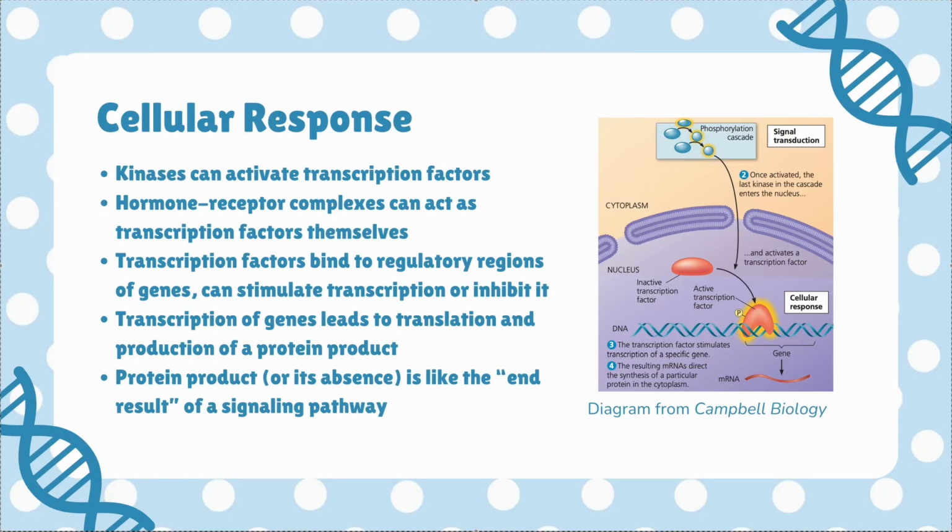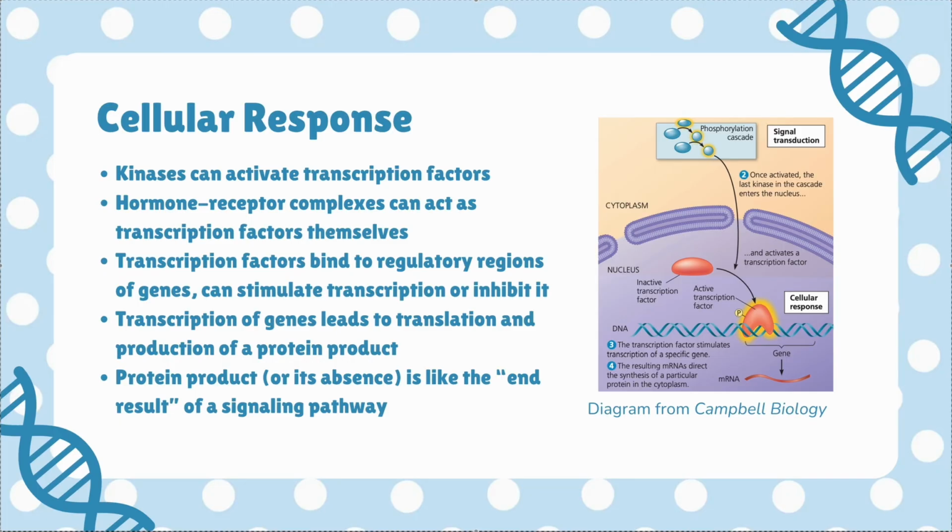Now remember, DNA is always in the nucleus, so the kinases have to actually enter the nucleus to have an effect on gene transcription. Hormone receptor complexes can act as transcription factors themselves and bind to the regulatory sequences on DNA. But yeah, transcription of genes leads to translation and then the production of a protein product.